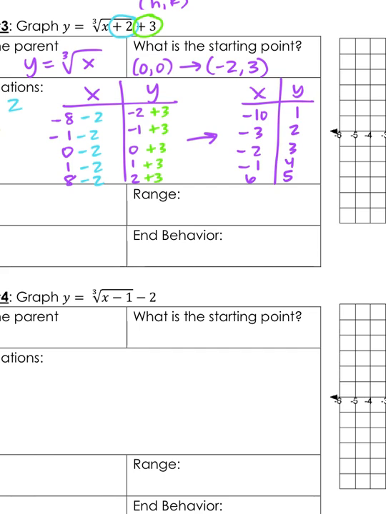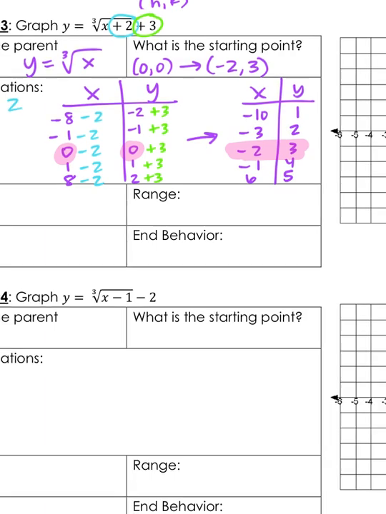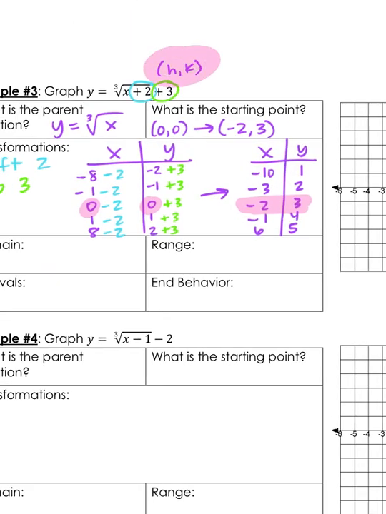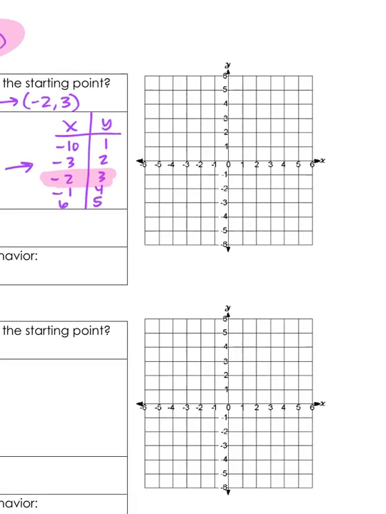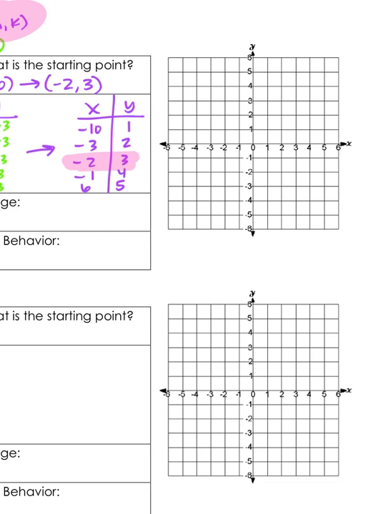So we can see that my starting point did end up becoming -2, 3, just like we determined with our h, k. So either way is totally fine, but the one thing that helps with the table is that you can now graph multiple points.